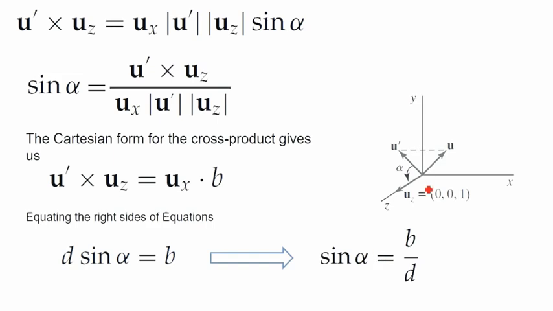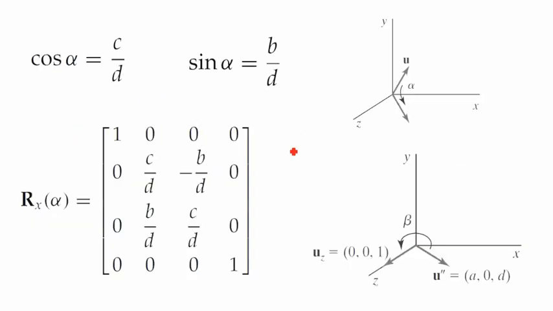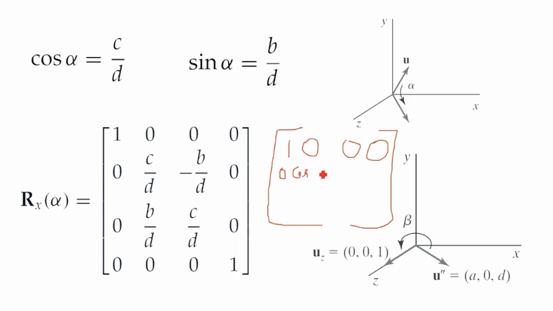I'll have to rotate the u around x-axis, so the rotation around x-axis matrix is 1 0 0 0, and then 0 cos alpha minus sine alpha 0, then 0 sine alpha cos alpha 0, and 0 0 0 1.